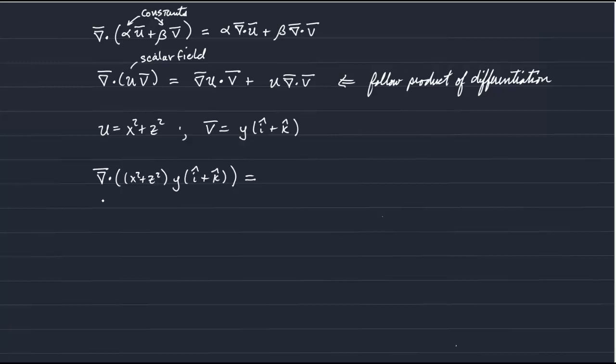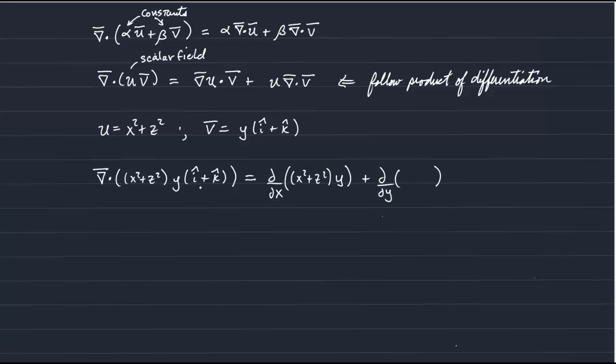So remember, the divergence is the partial derivative with respect to x of the x component of the vector, so we have partial with respect to x of the x component, and that's x squared plus z squared times y, and then we have to add the partial with respect to y of the y hat component of this vector, and there is no y hat component.